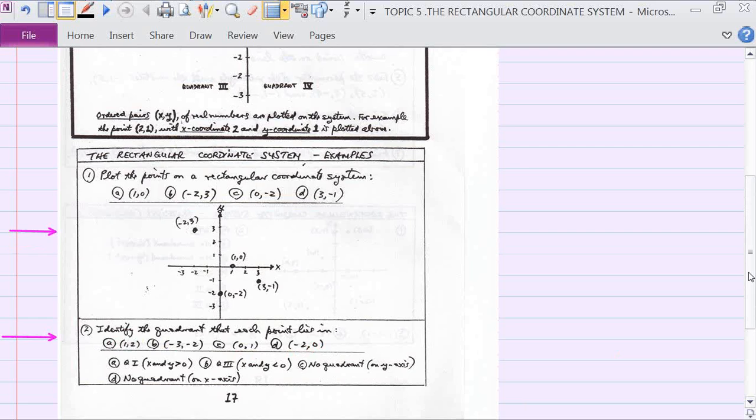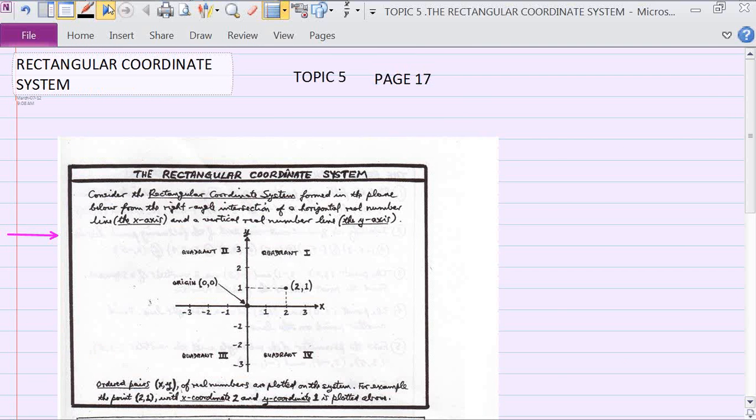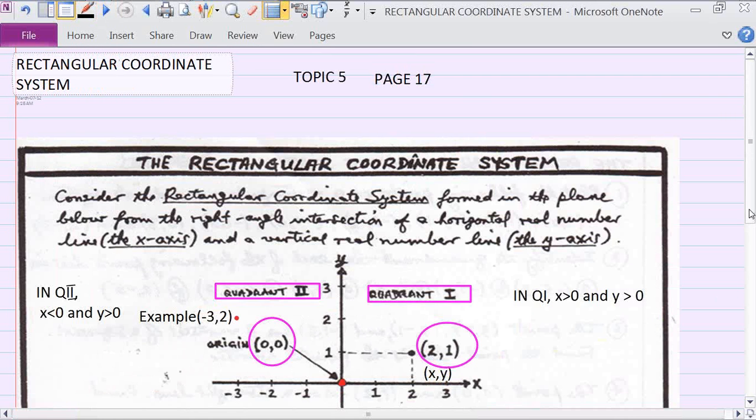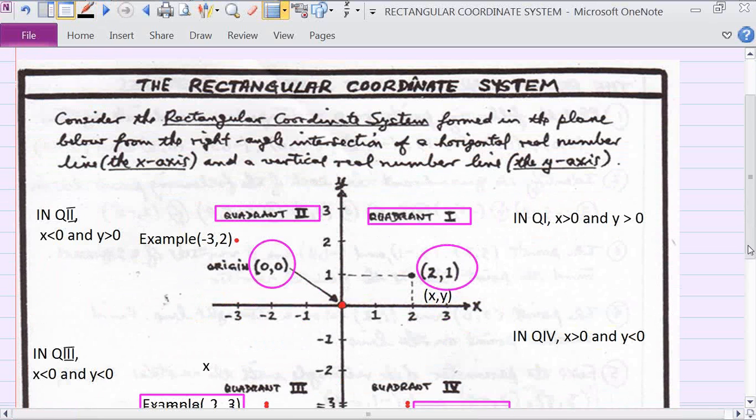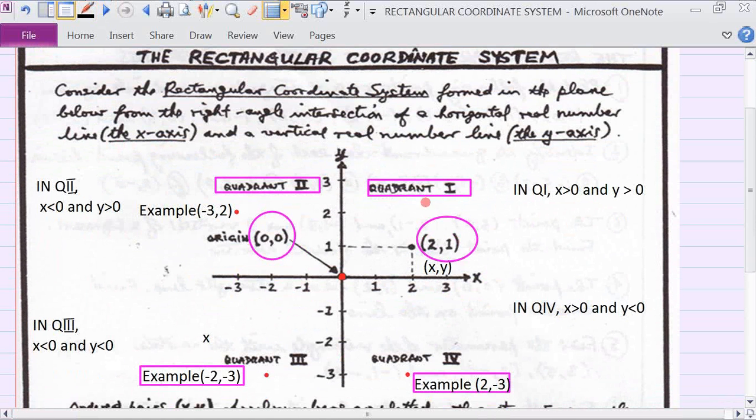So let's start off by looking at the rectangular coordinate system. Essentially, this means that we're going to place points according to x and y values in this rectangular coordinate system. If we take the point, for example, (2, 1), this identifies an x and a y value, where the x is 2 and the y is 1.